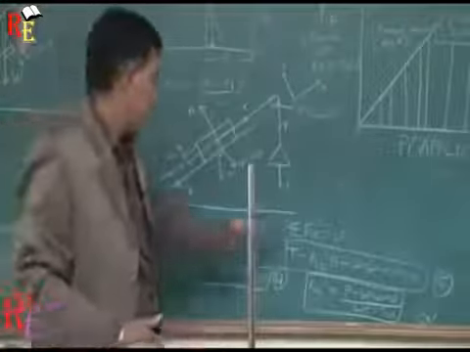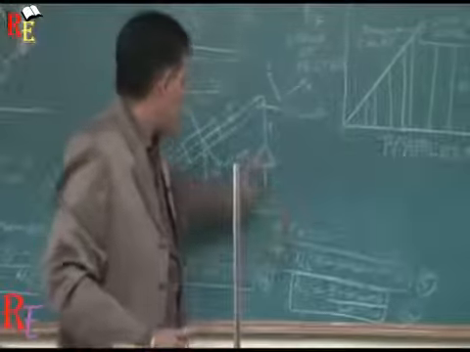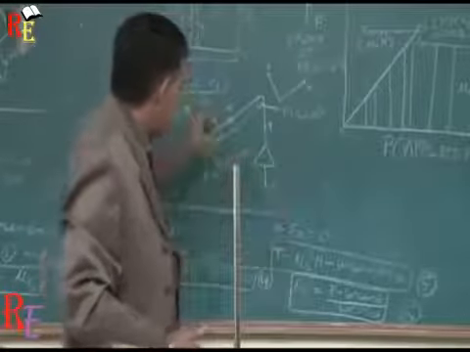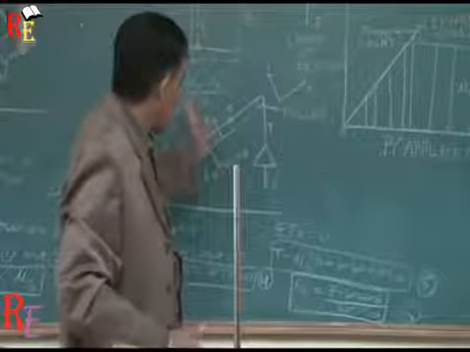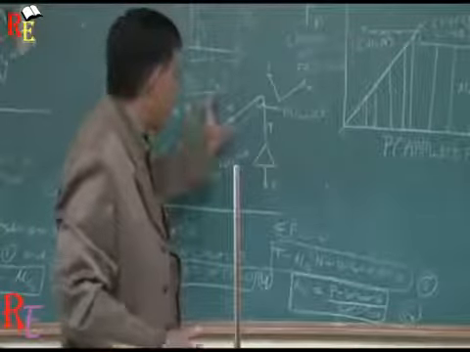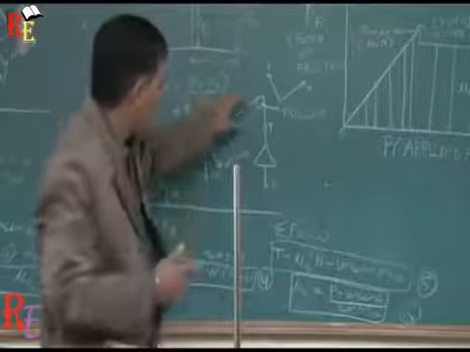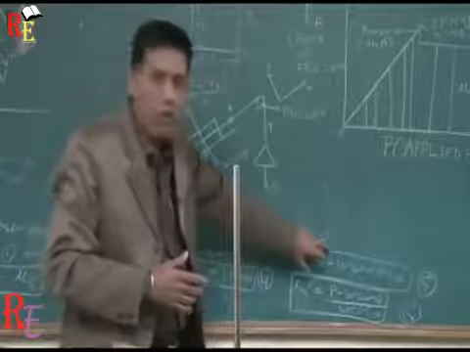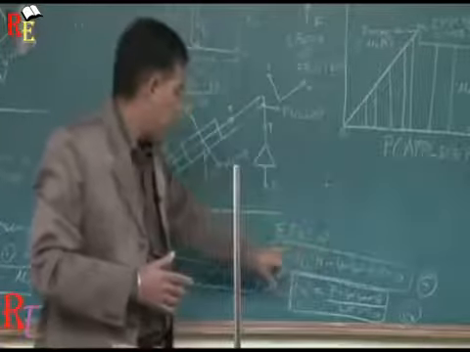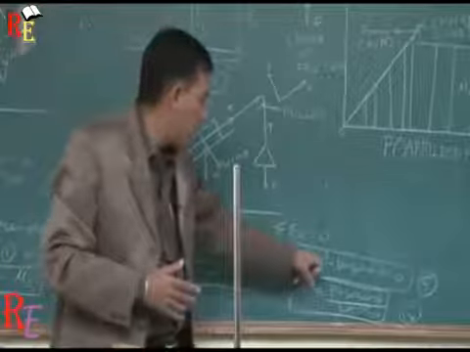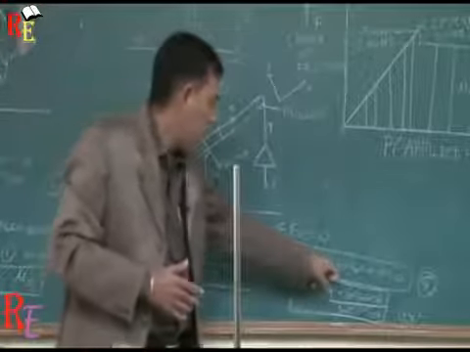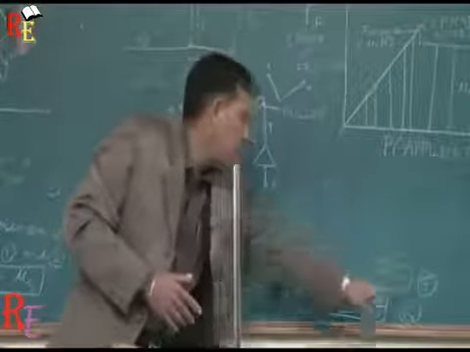Similarly, since the block is not moving or on the verge of movement along the plane, sigma Fx is equal to 0. So T minus mu s dash N minus W sin theta is equal to 0.